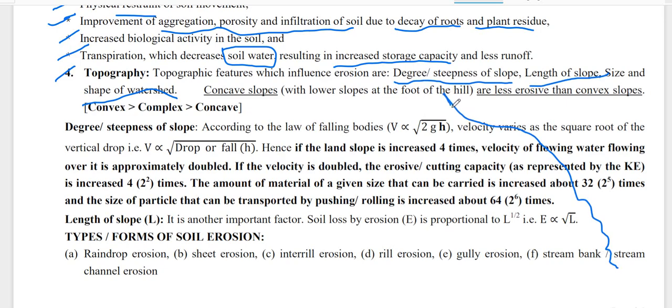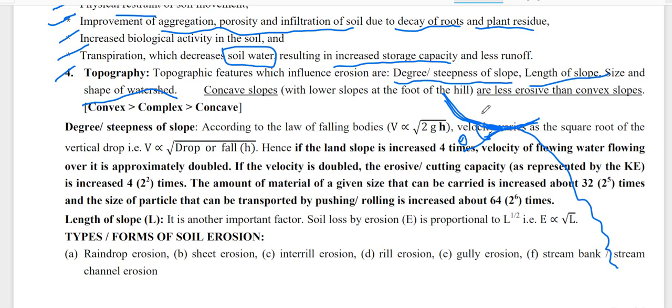So if it is a hill, on the bottom it will be like this, meaning zero slope, slope is zero at the lower foot of the hill, and if you go up, see, slope is increasing. Slope means tan theta, it is increasing. So less erosion will be there.